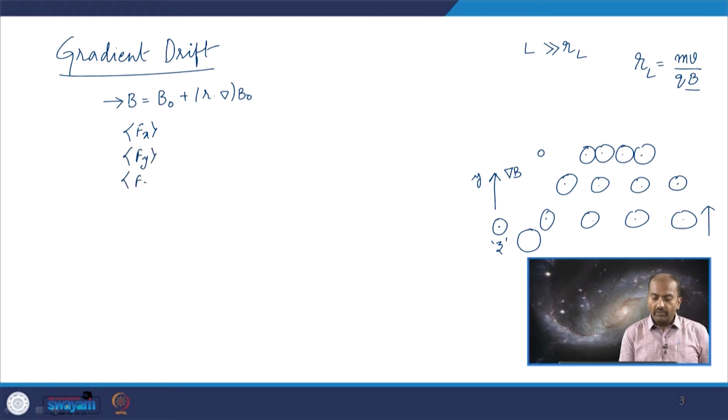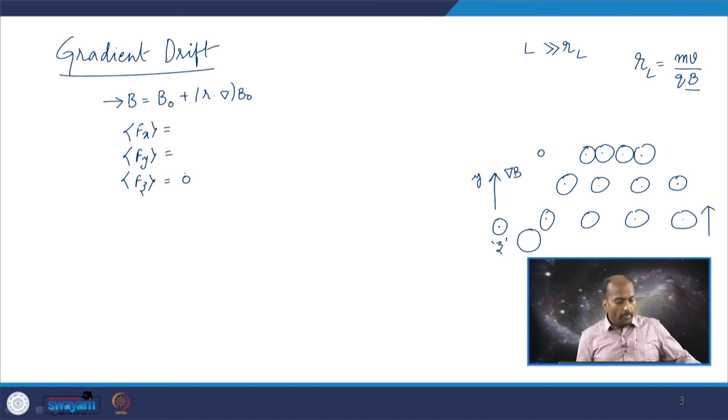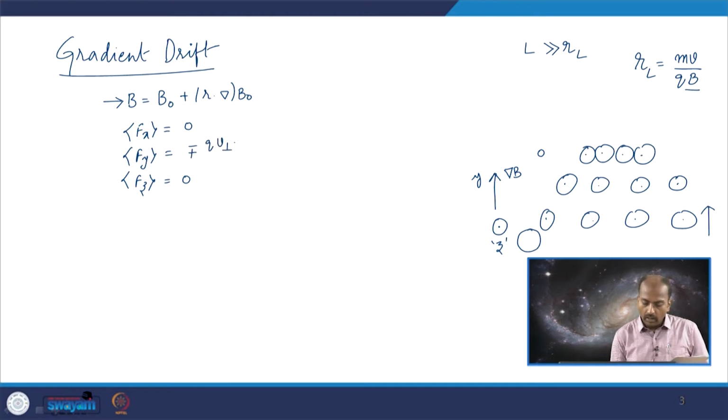Now, since the magnetic field is along the z direction and the particle has velocity Vx, Vy, Vz, the particle will not experience any force due to the magnetic field along the z direction. So, Fz is always 0, Fx was evaluated to be 0, and Fy was derived to be q v perpendicular RL by 2 times ∂Bz by ∂y.